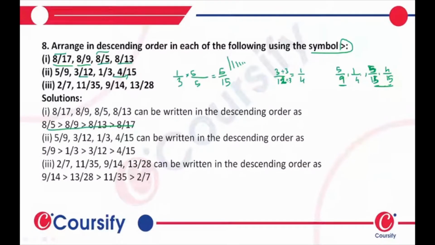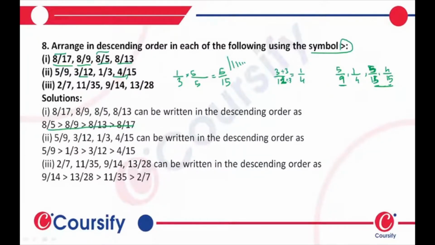Now we have to see where 1 by 4 comes in between these. If we check, we will not get that 1 by 4 is bigger than 5 by 9, and also we won't get that 1 by 4 is bigger than 5 by 15.